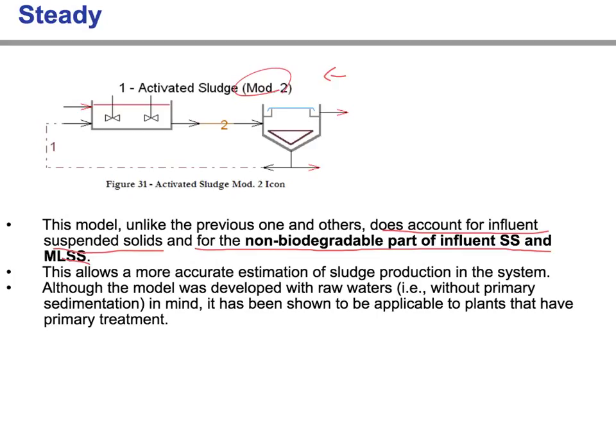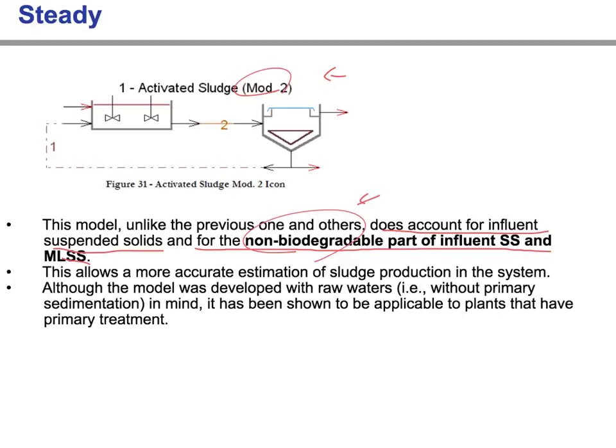In fact, in real cases, the influent SS cannot be completely hydrolyzed. So it's reasonable to assume that a small portion or a large portion of the influent SS and MLSS are non-biodegradable. That's the difference between the first model and the second model.